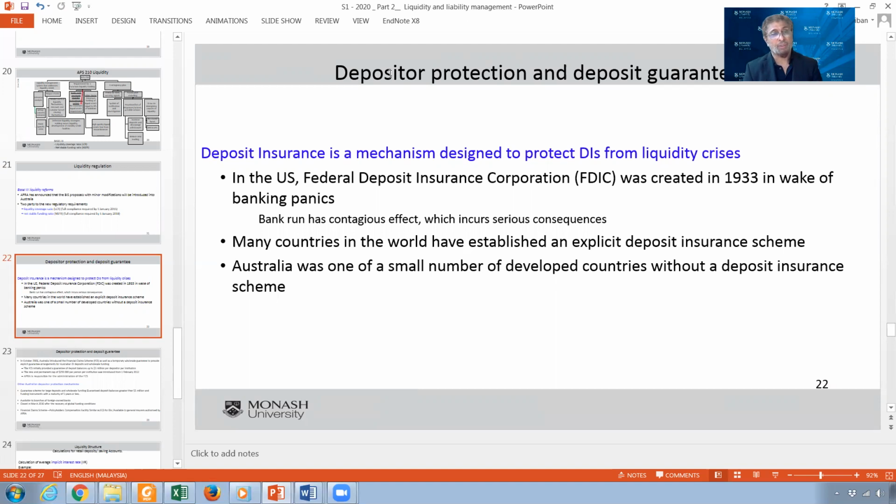And the banks pay a premium. For example, in Malaysia, we use PIDM. And in the US, you have the Federal Deposit Insurance Corporation, FDIC.